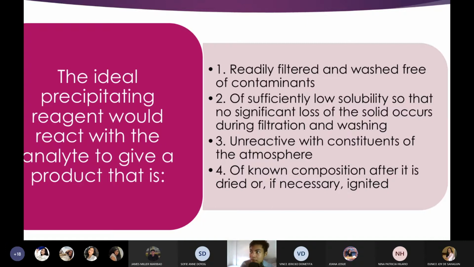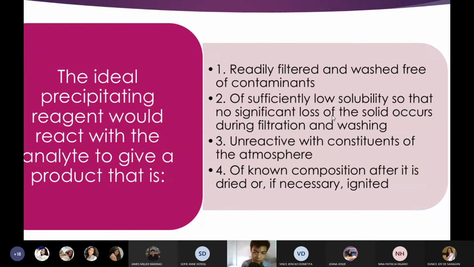So, bale ganon lang. Pag mamimili tayo ng precipitating reagents, number one, it must be readily filtered. Mabilis siya ma-filter and madali lang siya i-wash. Ayaw mo yung sobrang daming filtrates na mafo-form. Okay? Kasi matatagalan ka. Number two, it must have low solubility. That means, solid na solid talaga siya.